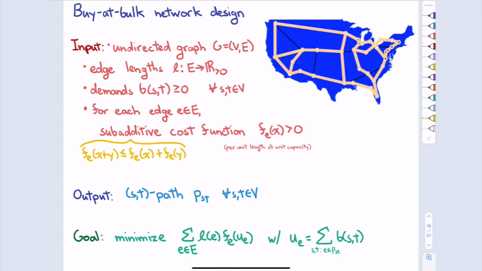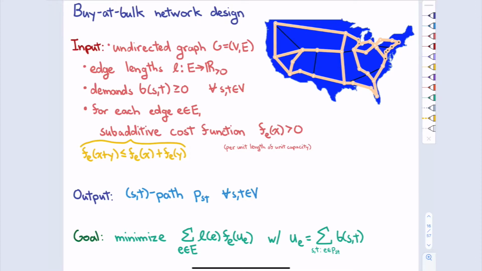Okay, that's like sending all the messages along that path. And what's the cost? Well, I'm going to sum up for every edge e the length of that edge, times the cost per unit capacity per unit length. So the capacity on the edge will be summing up over all the pairs s,t where e is in the path from s to t.